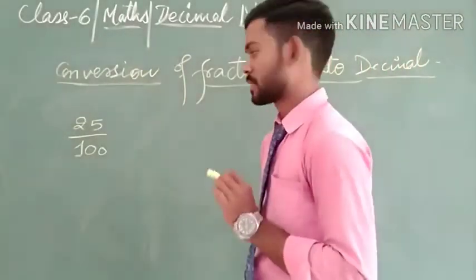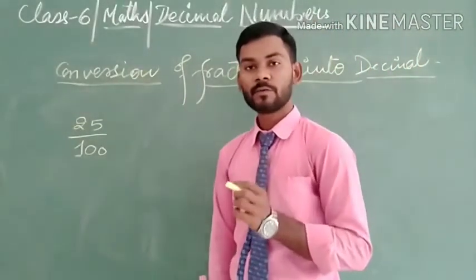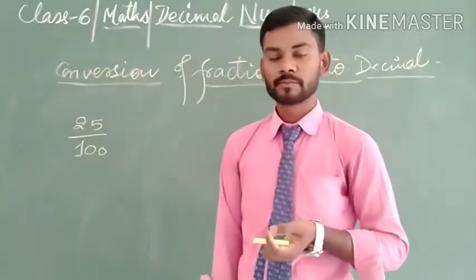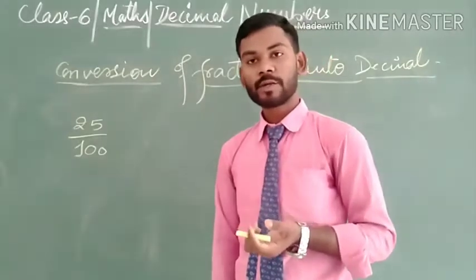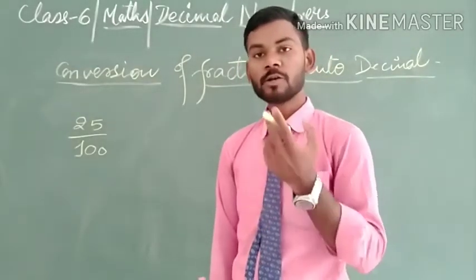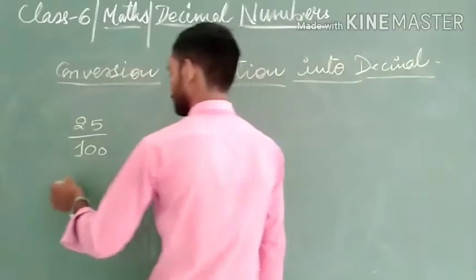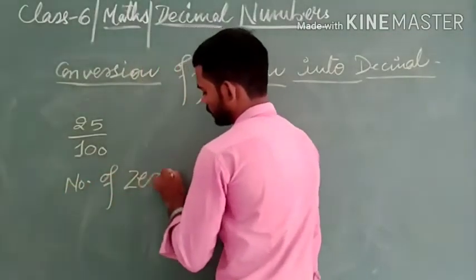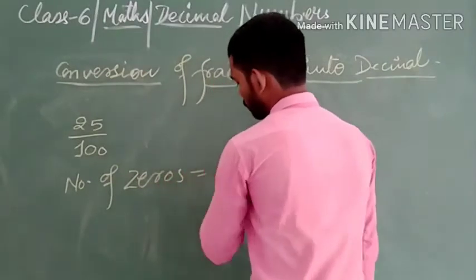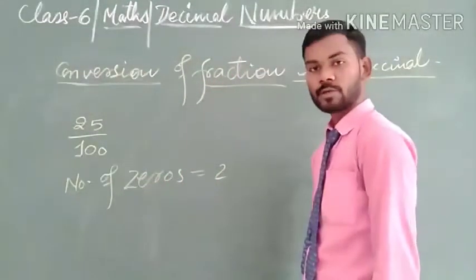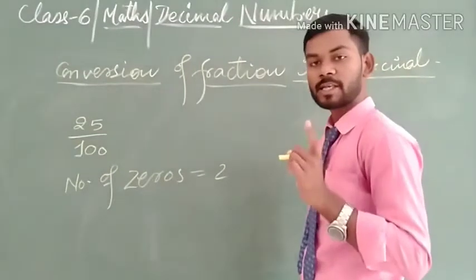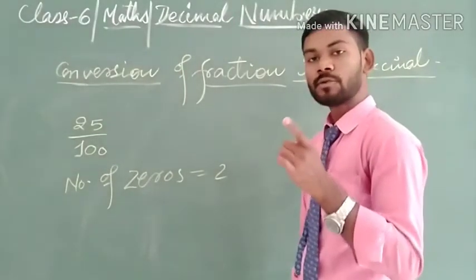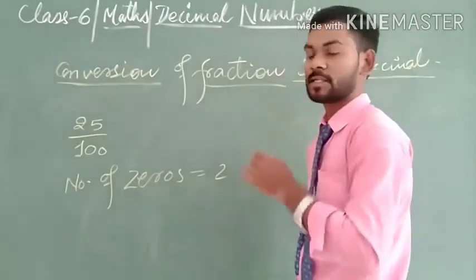For this purpose, we have to find the number of 0s in the denominator. So in the denominator, we can see that the number of 0s is 2. Okay, so we place the decimal after 2 digits from the right hand side.